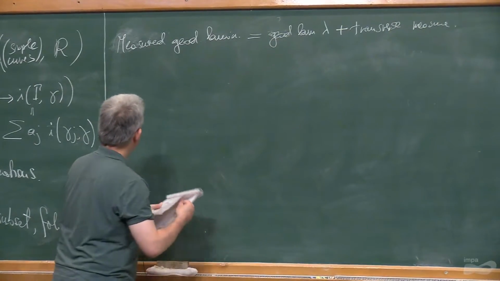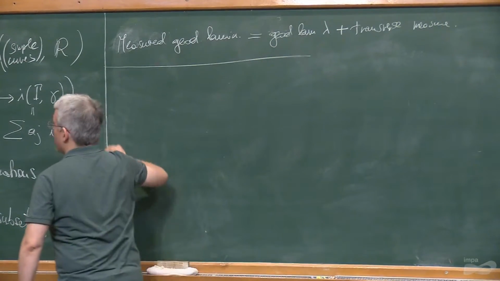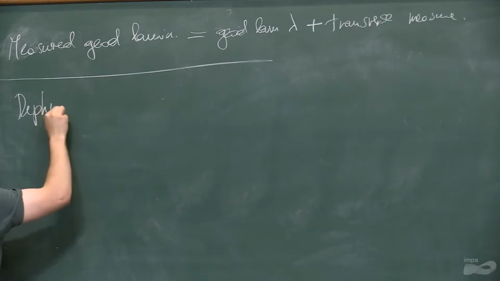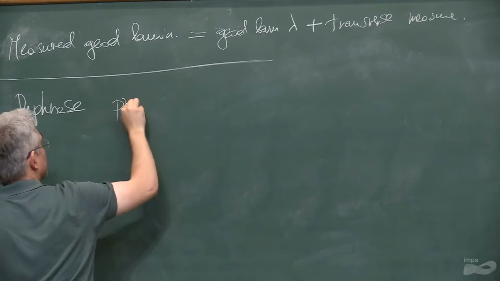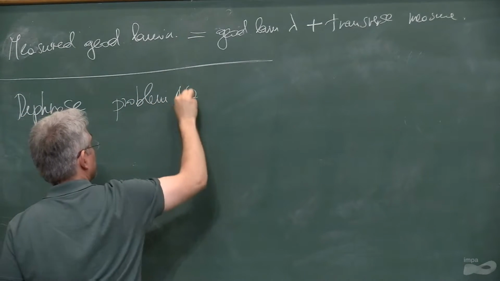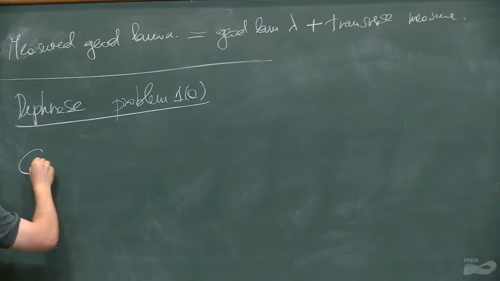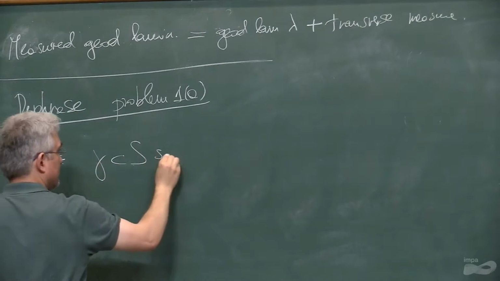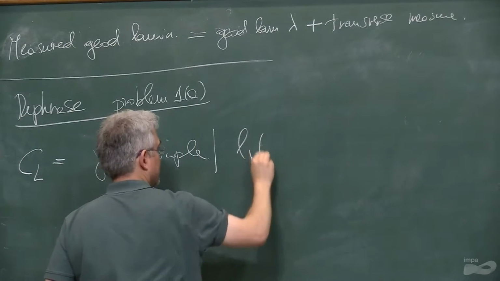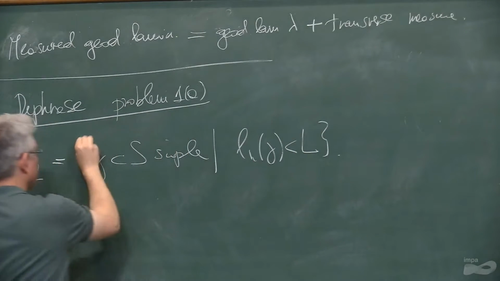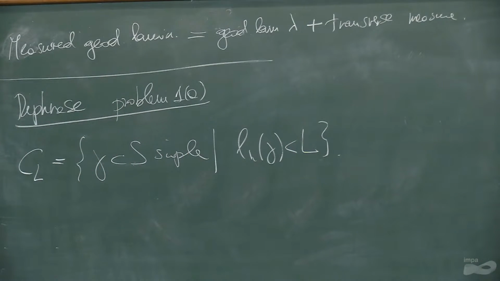So why I wanted to introduce this is because now one can rephrase problem 1a. So remember, problem 1a was counting simple closed curves. Now, how do we want to count simple closed curves? We want to see these curves as integral points inside this space.